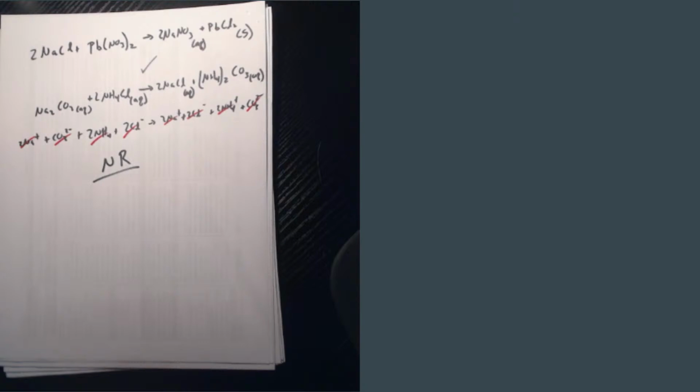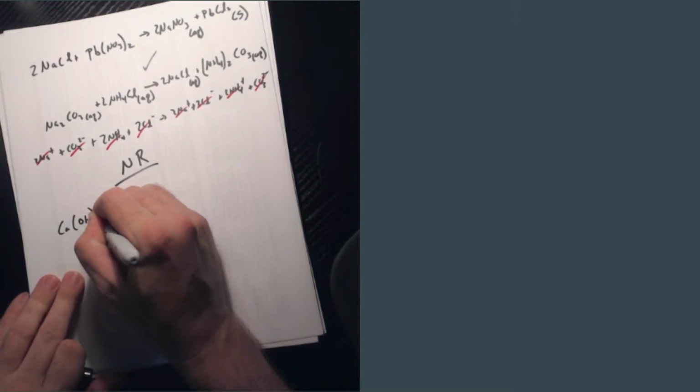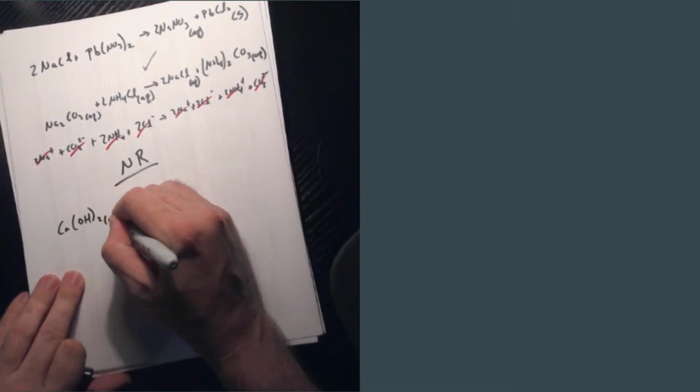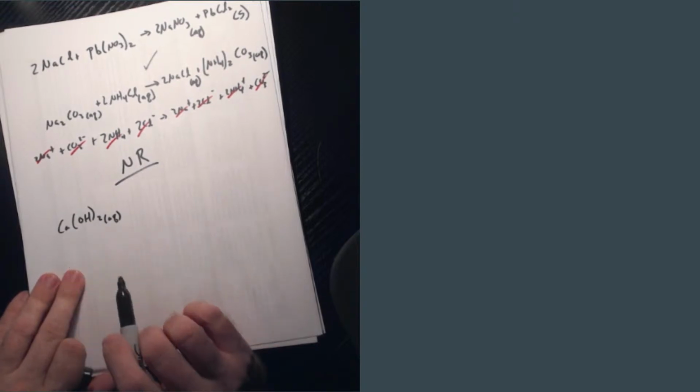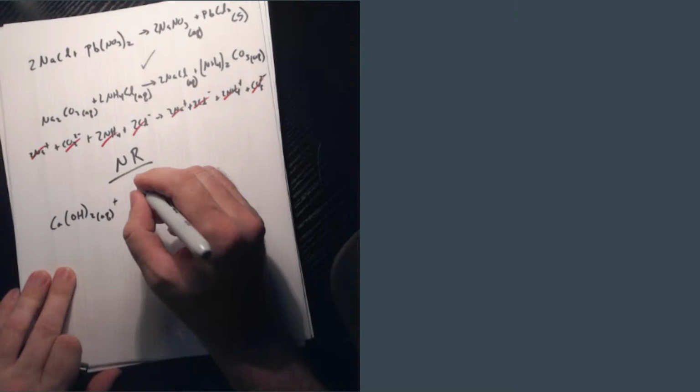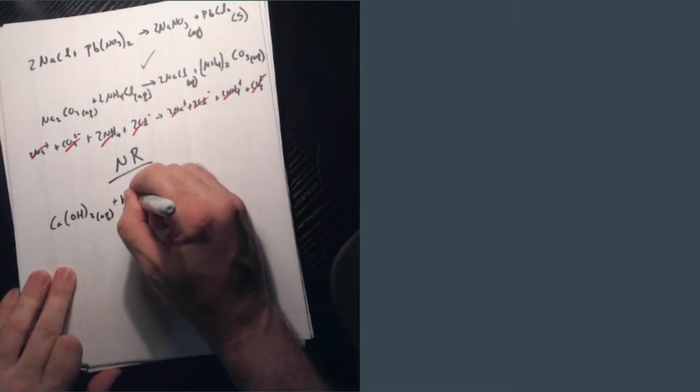Finally, we have calcium hydroxide and potassium carbonate. So, calcium hydroxide is Ca(OH)2, aqueous. Remember, hydroxides are usually insoluble, but calcium is one of the exceptions. And then we have potassium carbonate.